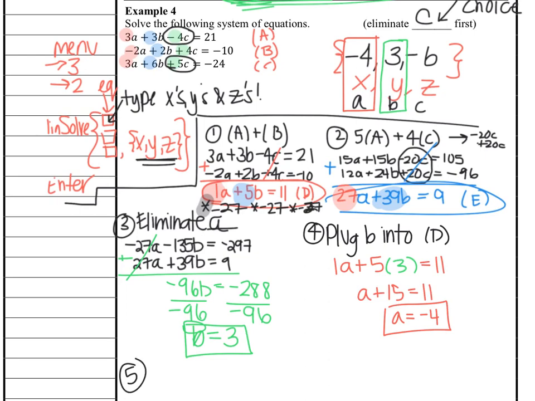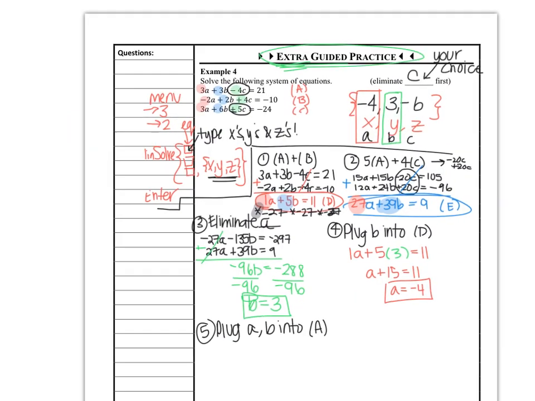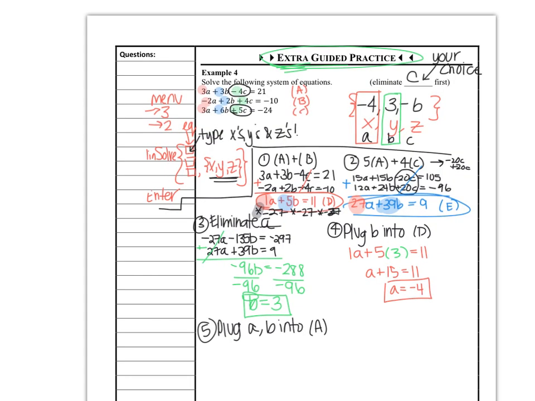Fifth step is to plug A and B into equation A or B or C. All right, so I'm going to go with A. And when I zoom out here, we've got 3 times the A value, which we found was -4. And then plus 3 times the B value, which we found was +3. Minus 4C equals 21.